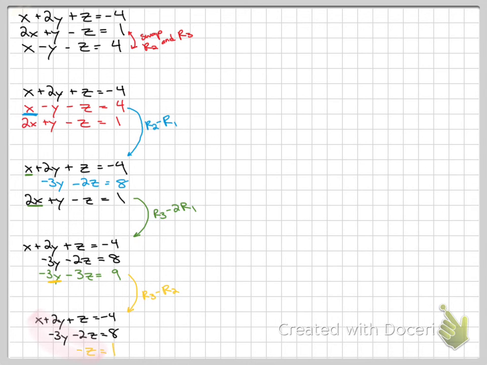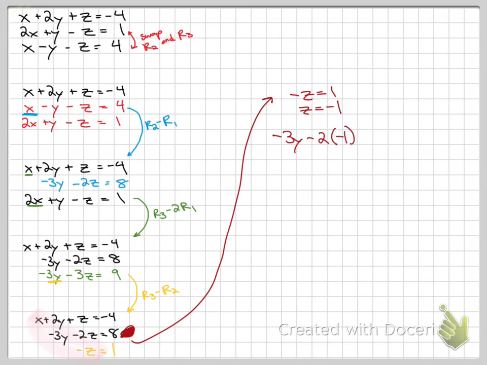So from here, I'm going to draw a line, do my work way up here. We have negative z equals 1. We'll divide by a negative, and now you know z equals negative 1. Now plug it into the row above it, right? This row where my big dot is going. I know negative 3y minus 2 times, but I know z has to equal 8.